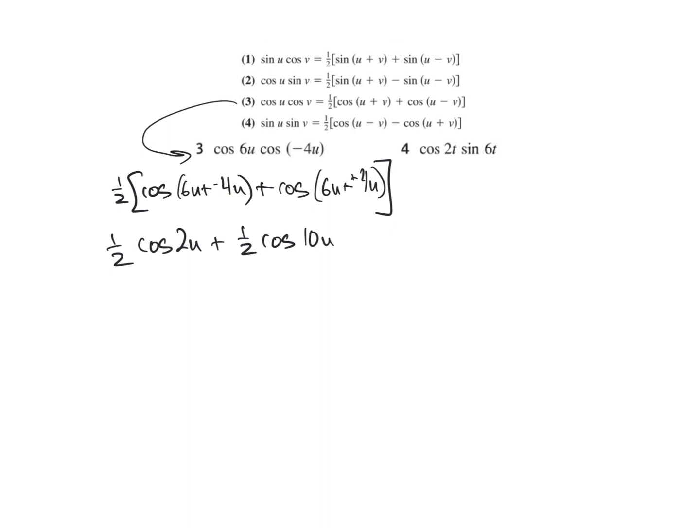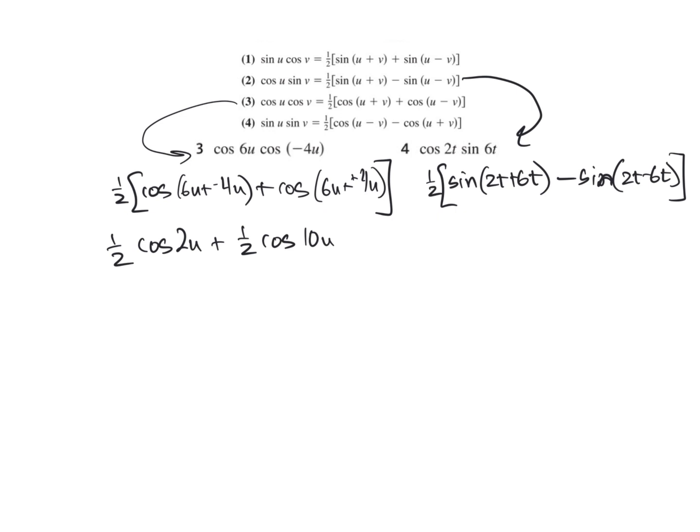All right, number 4 is cosine times sine, that's number 2. So again, 1/2 times the sine of the addition of those two, that'd be 2t plus 6t, and minus the sine of the difference, 2t minus 6t. All right, so what do we have?